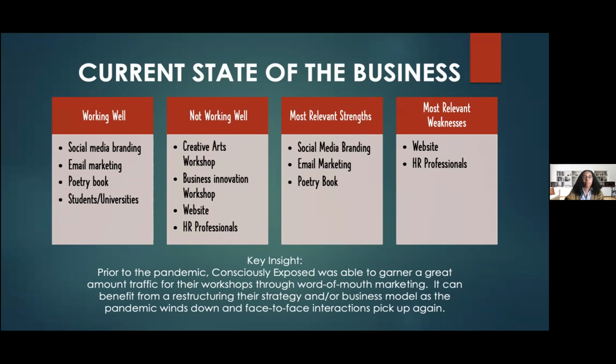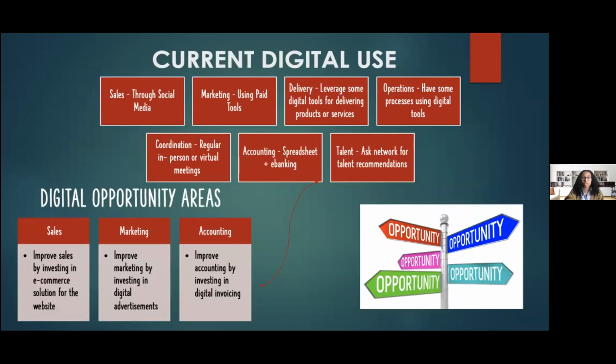What hasn't been working well is pulling in customers, using the website to gain those customers, as well as the HR professionals. However, their social media branding, email marketing, and poetry book sales have all been working well. Some of their weaknesses that we'll discuss a little more would be in the website, and potentially focusing on how to attract the HR professionals.